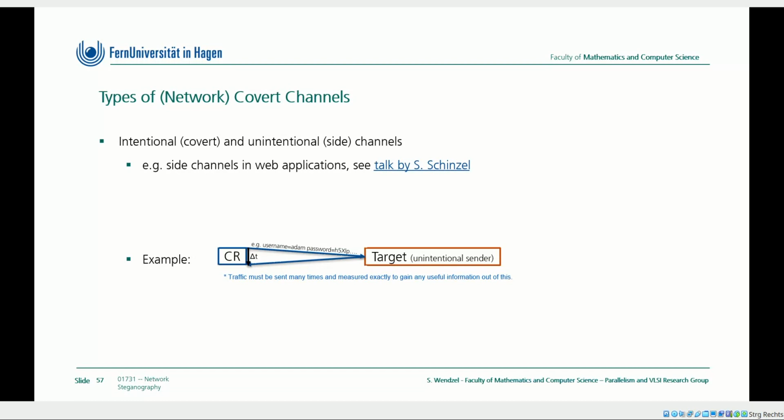That would be a leakage of information through a side channel. In particular, this is a timing side channel because it's based on the timing of the transmission and response. So this works as well.